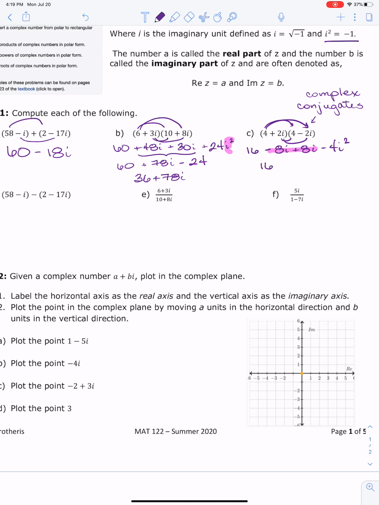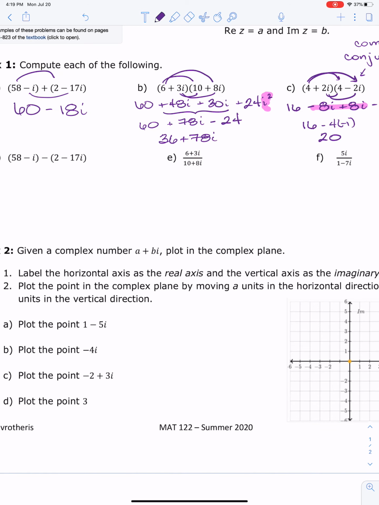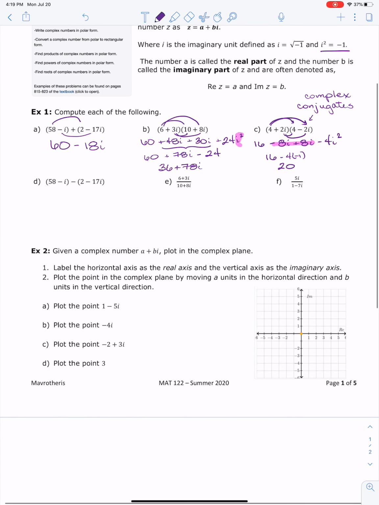I got 16 minus 4 times my i squared is -1, which is 16 plus 4, which gives us a 20. We're going to use that fact, that complex conjugates, in a minute. Notice that when we multiply two complex conjugates, the imaginary part goes away completely. We're left with something completely real.